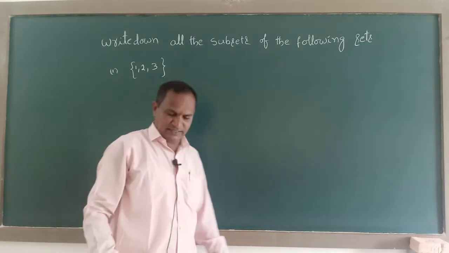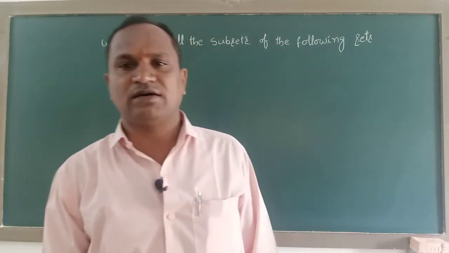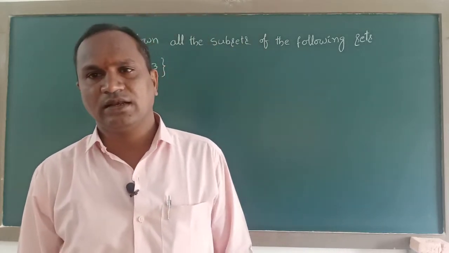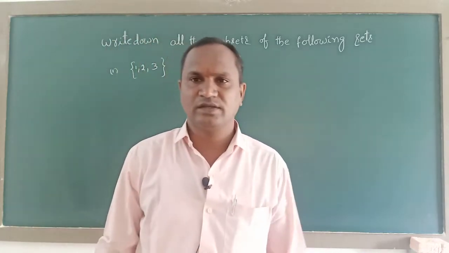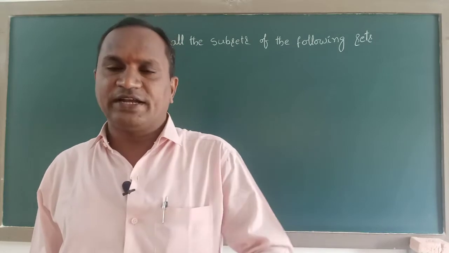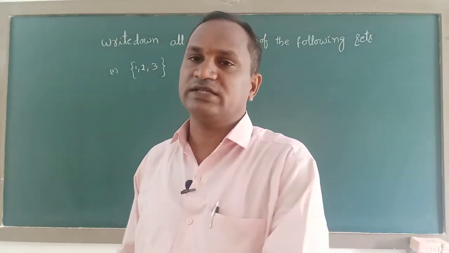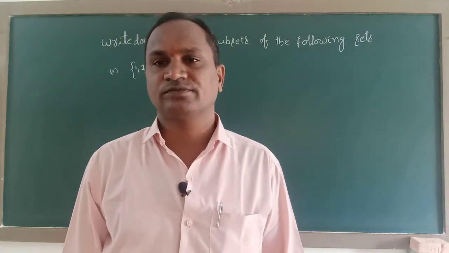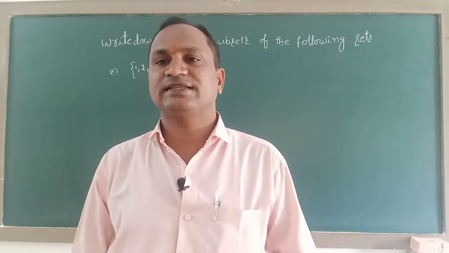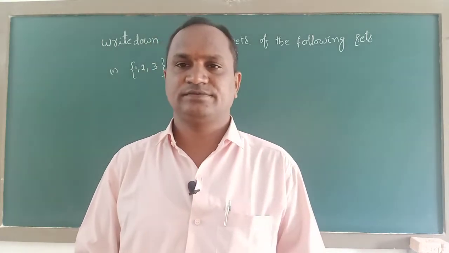In the previous class, I finished questions on a singleton set and a set containing 2 elements. Now today, if the set has 3 elements, or 4 elements, or if it is a null set, how do we find the number of subsets of the given sets?